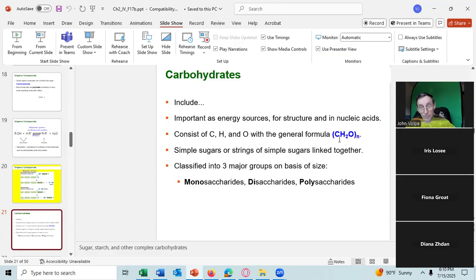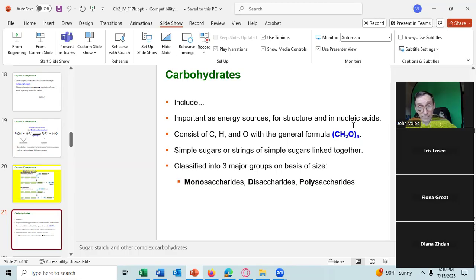And so the CH2O will be, for glucose, 6 carbons, 12 hydrogens, and then 6 oxygen. And so carbohydrates have this general formula. So you always have 2 hydrogens for 1 carbon and 1 oxygen.